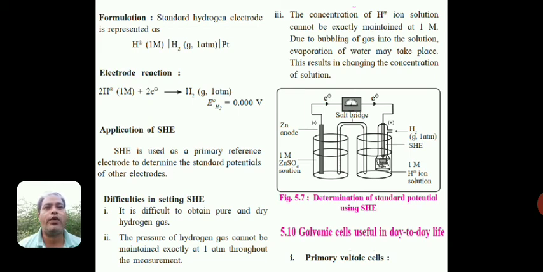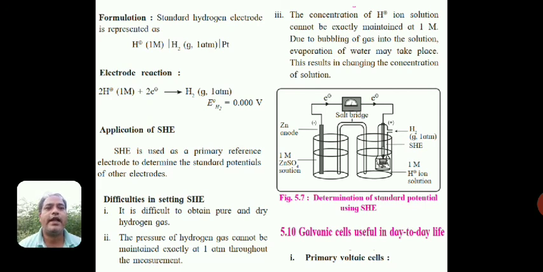Now the electrode reaction: how the reaction takes place on this electrode. One more thing: though it is a standard hydrogen electrode, it may act as a cathode or anode in a cell, because in every cell we know that there are 2 electrodes. So this is only one electrode.